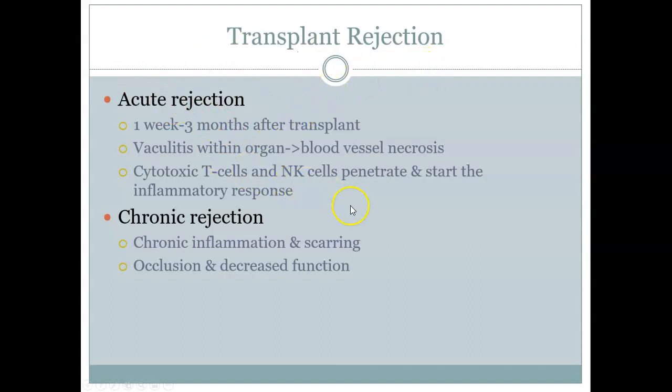They take immunosuppressant medications probably the rest of their lives to decrease the likelihood that they'll go into rejection of that organ. So when you get a transplant, then you typically are put on some kind of immunosuppressant therapy to decrease the likelihood of these different types of rejections happening.